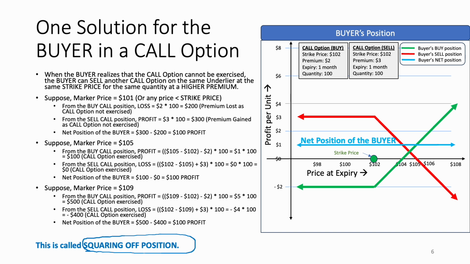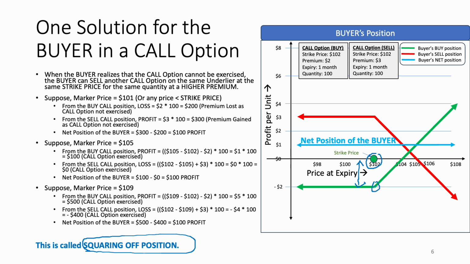So one possibility is that the buyer has purchased a call option and he has paid a premium for that. So this is the buyer's position when he makes a purchase of a call option. Like we discussed before, this is the strike price. At this strike price, he pays the premium. So this is his starting position.